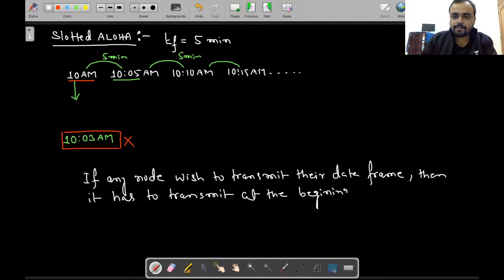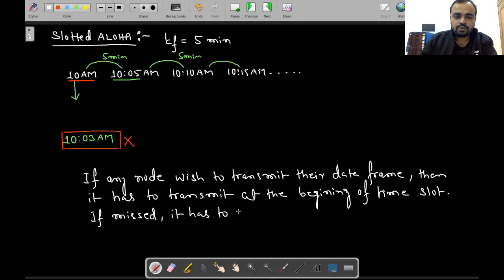If it missed it, it has to wait for the next time slot. Either you can transmit your data frame at 10 a.m., otherwise, if you missed this particular time, then you have to wait for the next time slot. You cannot transmit in between a time slot.